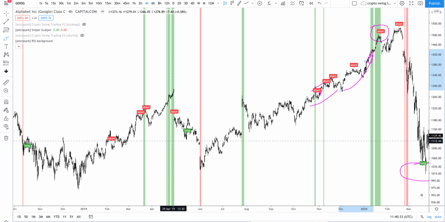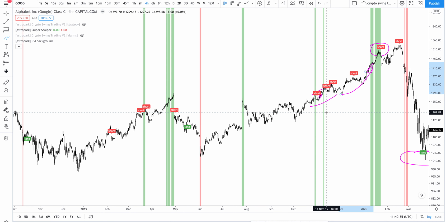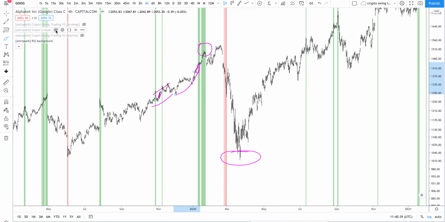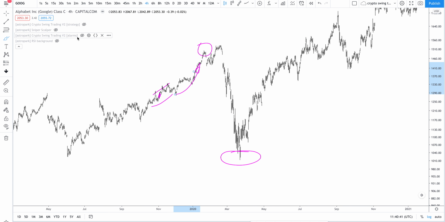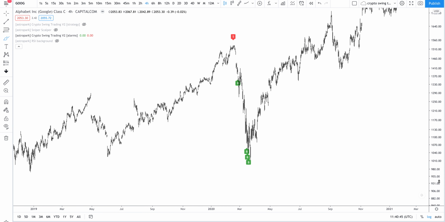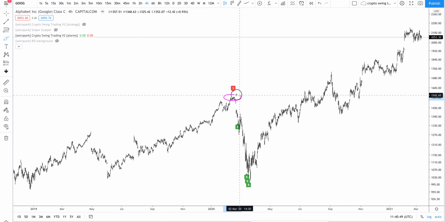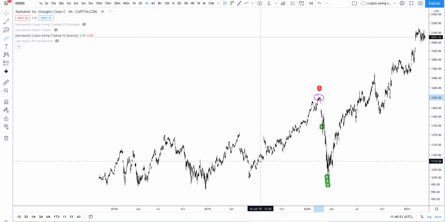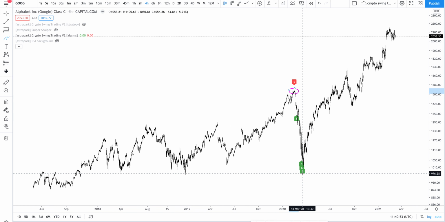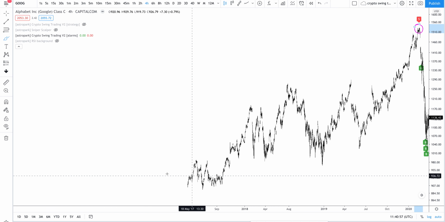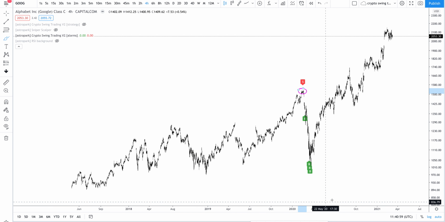I'm pretty sure this is not really the best for scalping, especially if we compare this to the crypto swing trading. Much more trustable, despite you have much fewer signals.